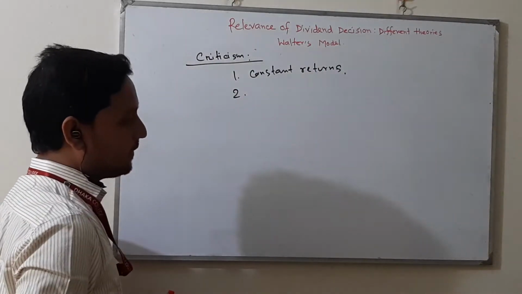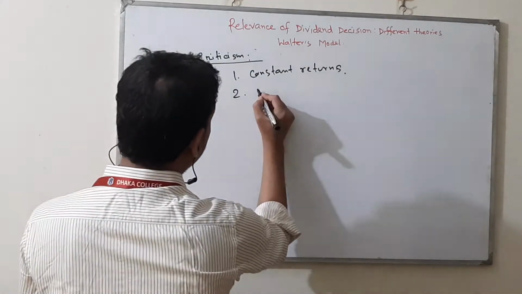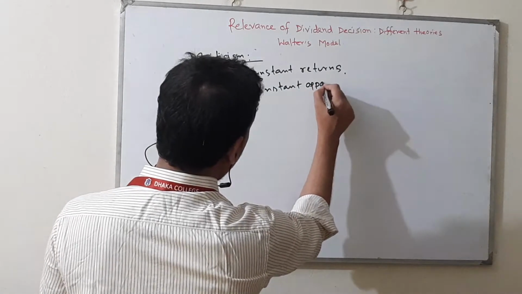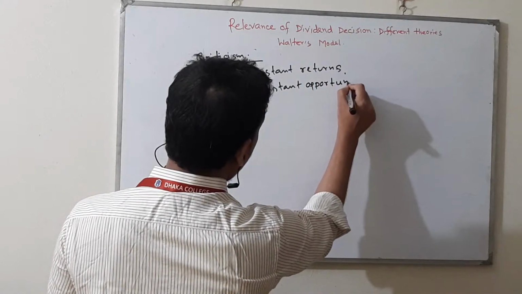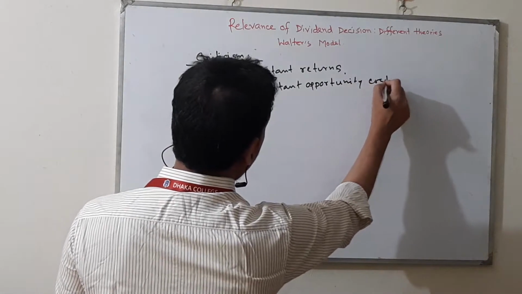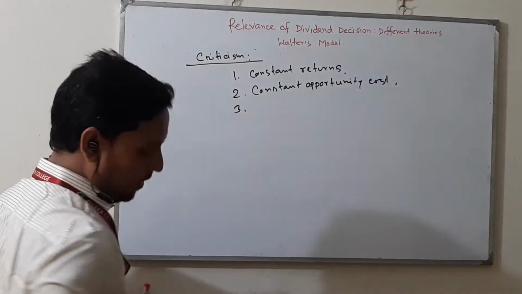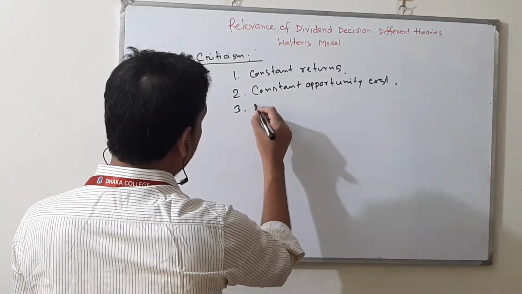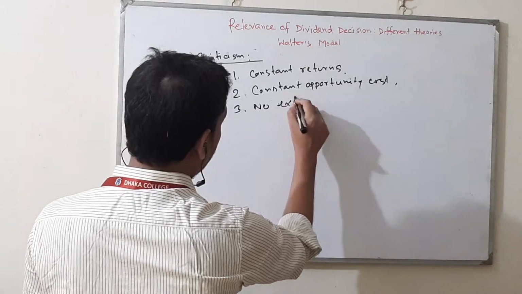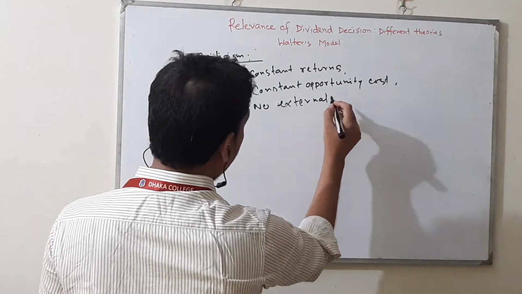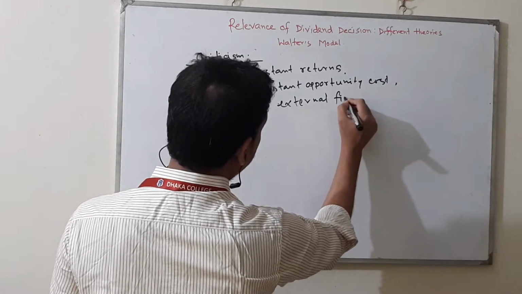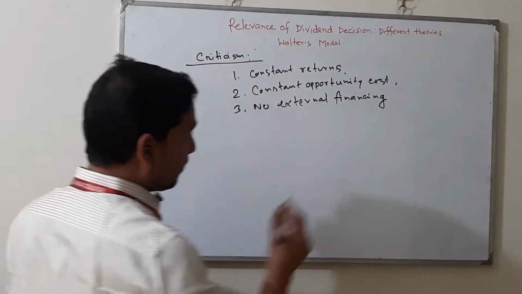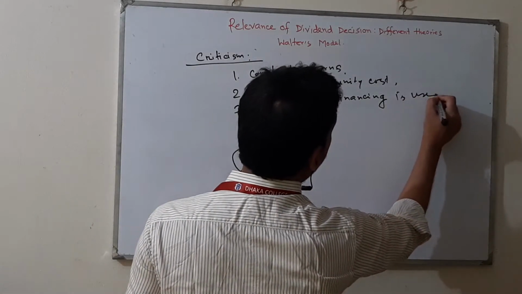Second one is constant opportunity cost. Then third is no external financing. No external financing is used, right?